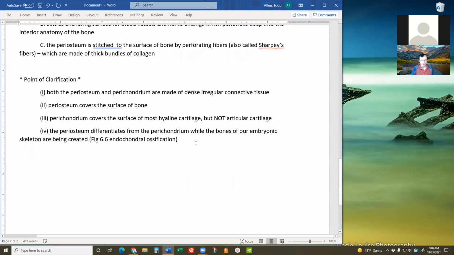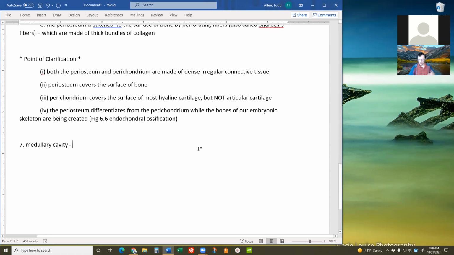I'm going to continue here. Let's talk about the bone marrow cavity, also known as the medullary cavity. Again, figure 6.1. The medullary cavity is also known as the bone marrow cavity.